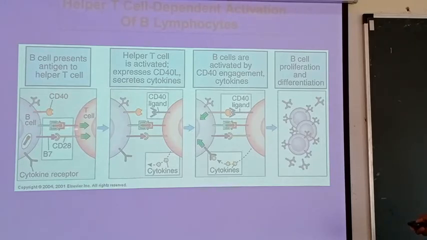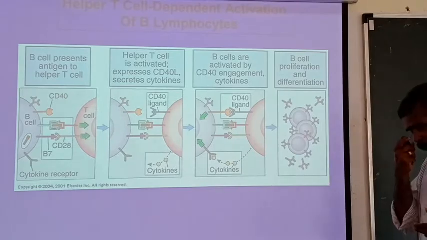There is a cytokine receptor. With this cytokine receptor, the helper T cell is activated and expresses the CD40L. So CD40 ligand is expressed, and there is secretion of the cytokines. Once the secretion of the cytokines takes place, B cells are activated by engagement of the cytokines, and there is a proliferation of the antibodies.